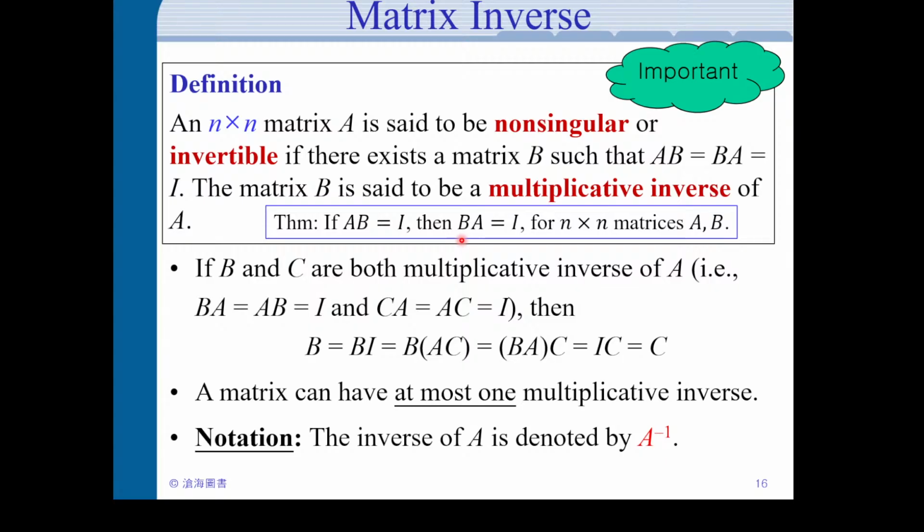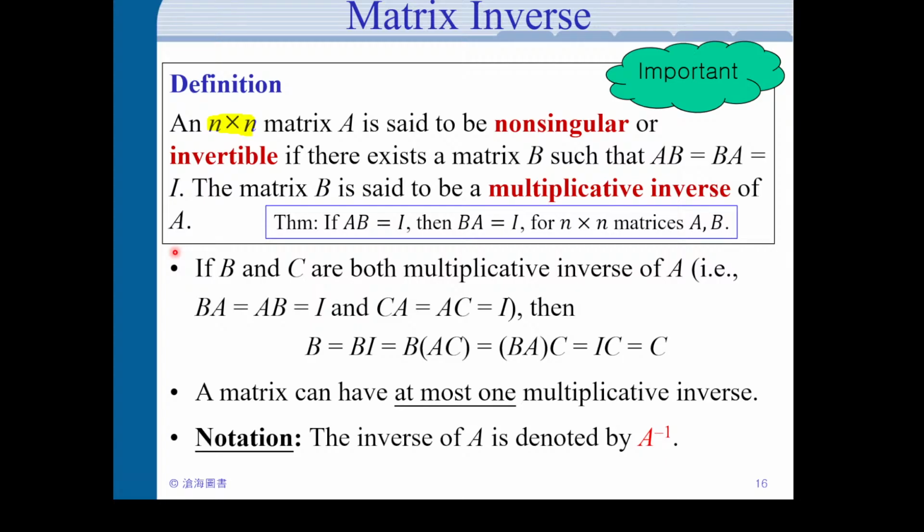The big important thing is that this only works for n by n matrices. For any n by n matrix, we can try to find its inverse. An inverse matrix is a matrix B such that AB equals BA equals the identity matrix I, and B is called the multiplicative inverse.